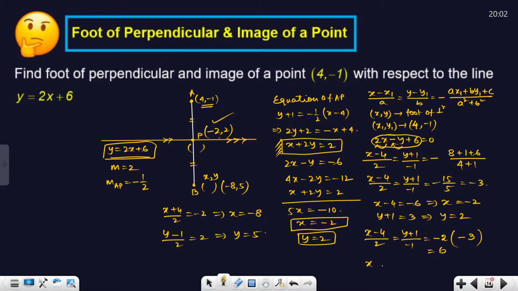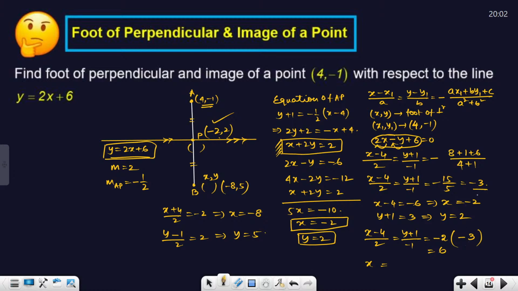So what will be your x in this case? Here we are getting 3, right? So it's 6. Have we done it correctly, or any mistake I have done? Minus 3 will come, right?